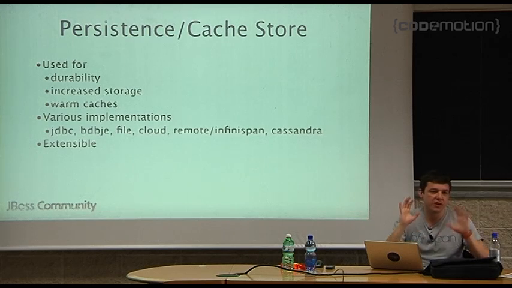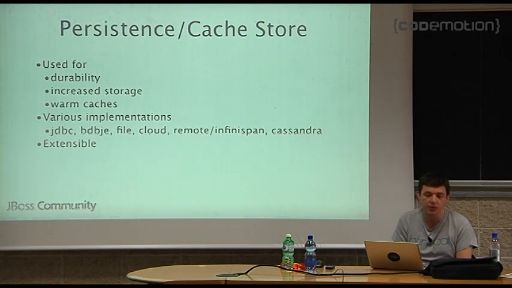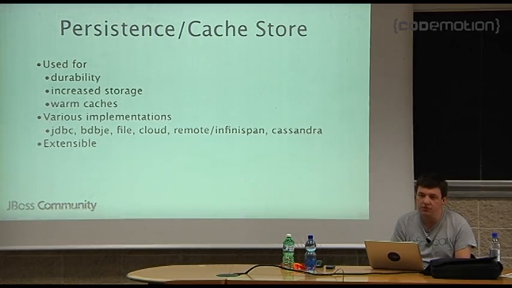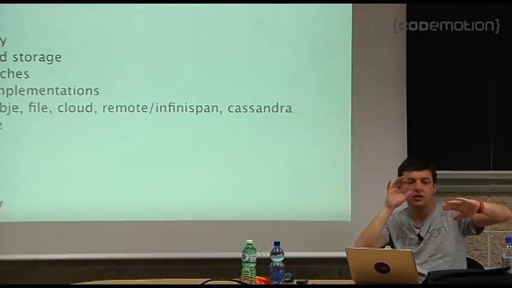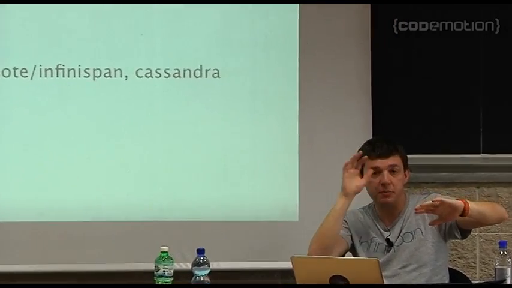We just have an interface, which is a cache store, and we have various implementations. Naturally, a JDBC implementation, so it's very easy to put Infinispan as a cache between an application and the database. Just plug in that JDBC implementation.